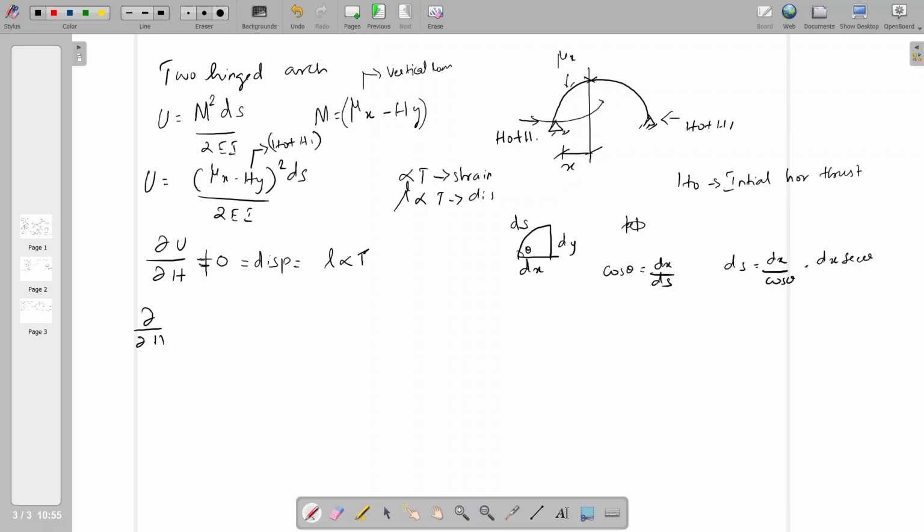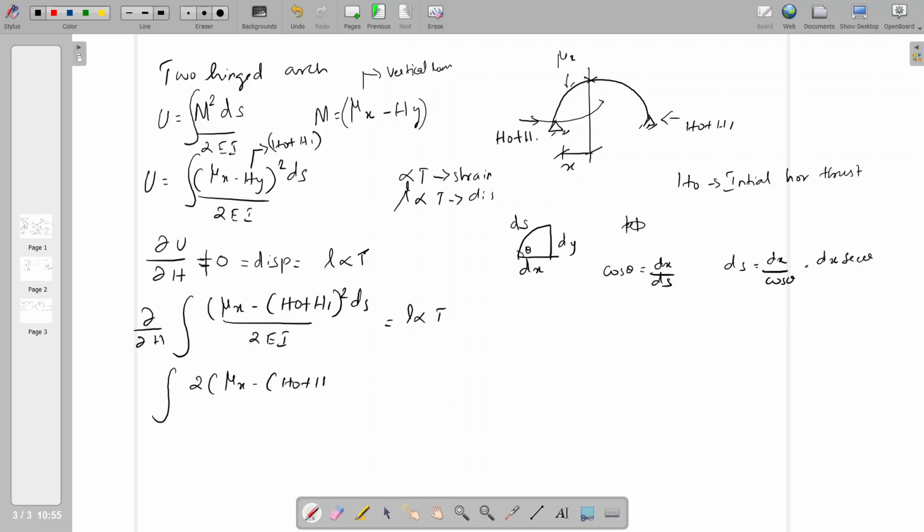So dou by dou H of the integration of M square ds by 2EI, that is dou by dou H of the integral of (Mu x minus (H0 plus H1) y) the whole square ds by 2EI, equal to L alpha T. If you differentiate with respect to H, it means 2 times (Mu x minus (H0 plus H1) y), into y, which I had missed here.